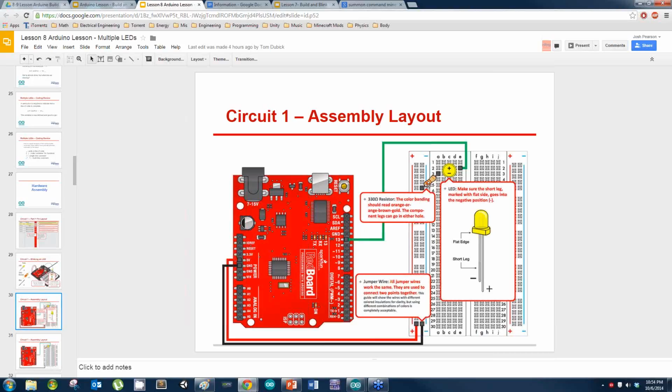You can unplug your ground wire that you had in A13 and plug it into the negative rail. Here it is blue, but on yours it is black. The negative rail of your breadboard. And then you can just jump that resistor all the way over to anywhere on that negative rail, and your circuit should work exactly the same.